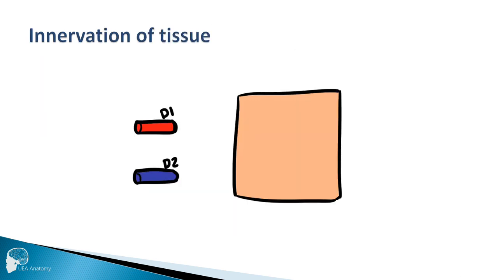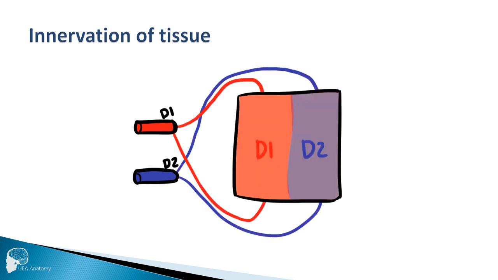Firstly, let us simplify the innervation of tissue, and Charlie has kindly given us some abstract diagrams. Here we have 2 spinal nerve roots, D1 and D2 on the left, and a block of tissue on the right. Spinal nerve root D1 innervates the left portion of the block of tissue.